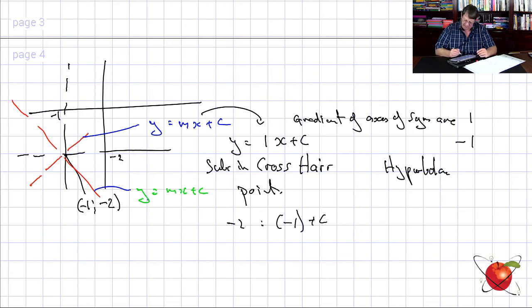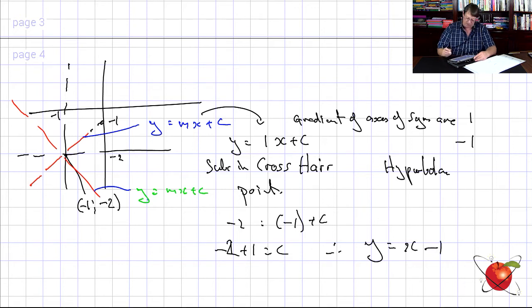Therefore c is going to be equal to minus 1 plus 1, so c equals minus 1. Therefore, the equation of that one, the one going that way, is y is equal to x minus 1. So it's going to cut over there at minus 1. Do you see that?